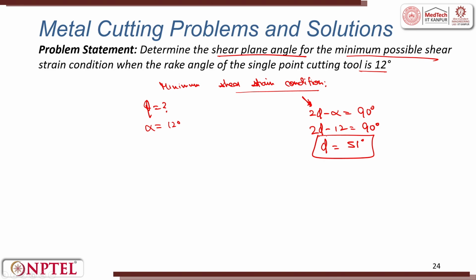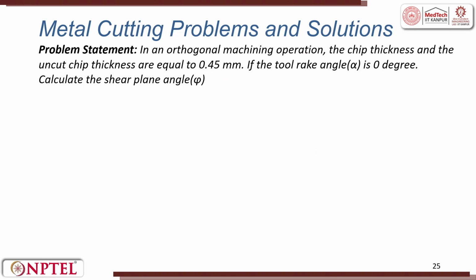Such a simple and direct problem. Next problem is similar to what we did in the first problem, that is we have orthogonal machining operation, chip thickness and uncut chip thickness are equal, that is T naught is equal to Tc is equal to 0.45 millimeters. Rake angle is 0 degree, alpha is equal to 0. We need to find phi.